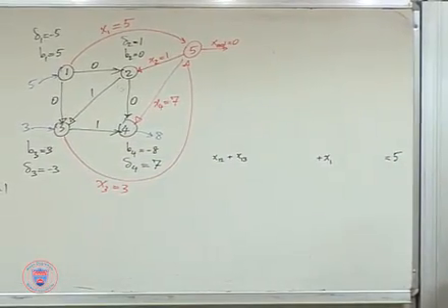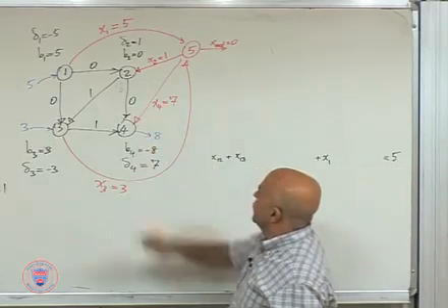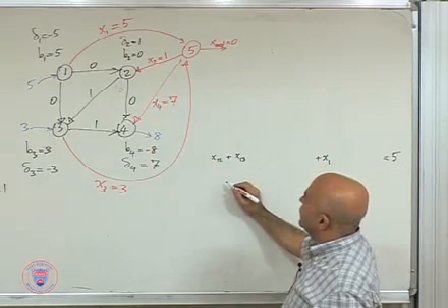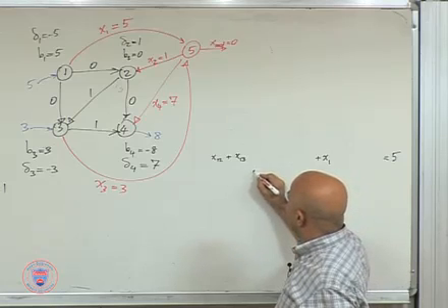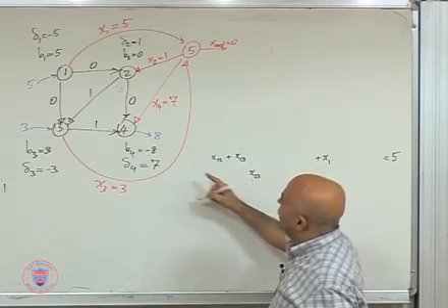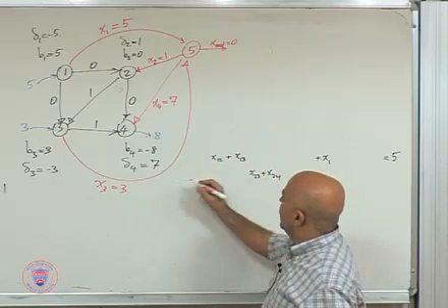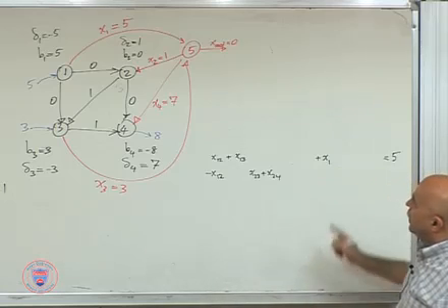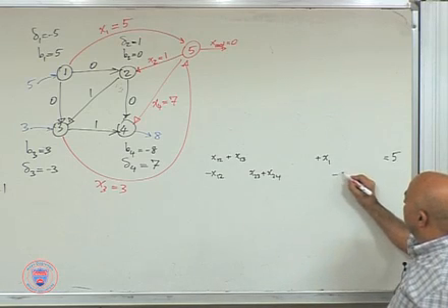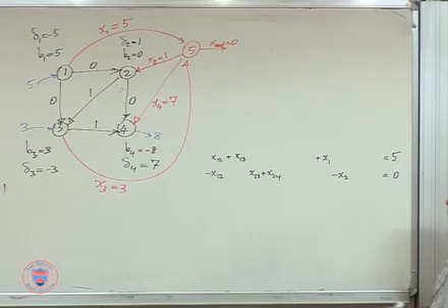Okay? That's the flow conservation for the first node. Flow conservation for the second node, how much is that? You have outflow of x23, another one x24, inflow of x12, and then another inflow of x2. So this is supposed to be equal to 0.